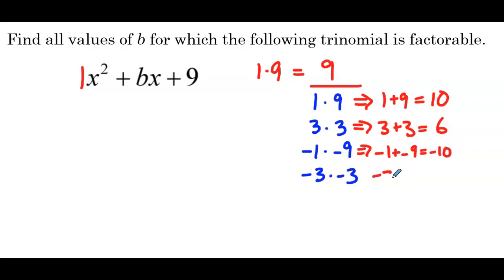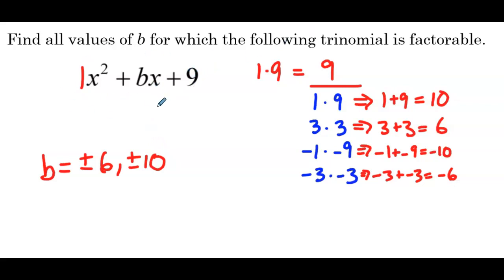And then -3, keep my arrow up, plus -3 is -6. So if B was any of these four values, so B was equal to plus or minus 6 or plus or minus 10, we'd be able to factor it.